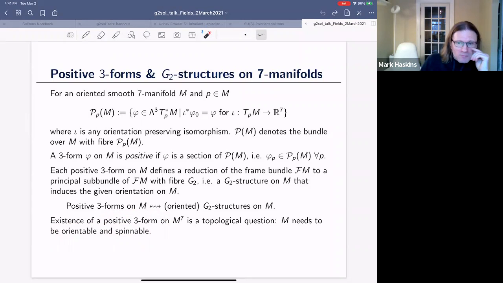If you want some more interesting geometry, you want to put more conditions on your structure. There are various things you can do, but the strongest condition is to look at manifolds with holonomy group G2. Let me say a little bit about that.